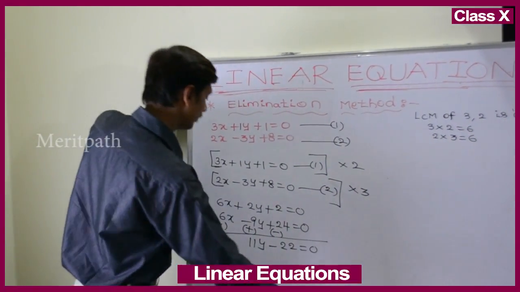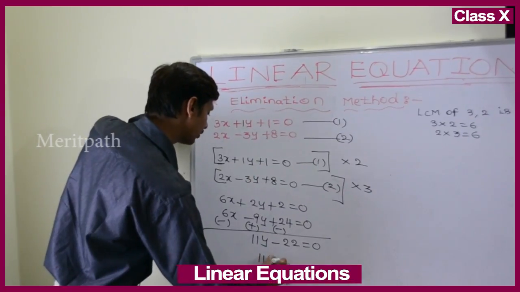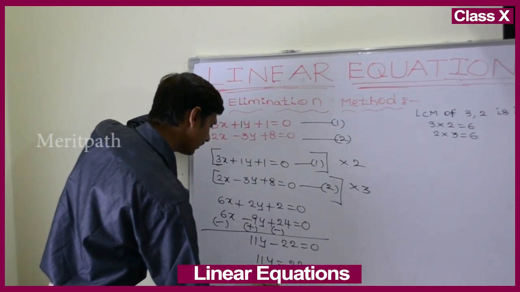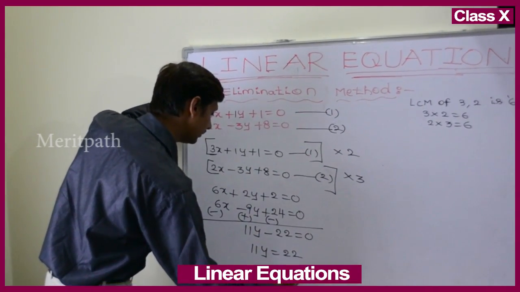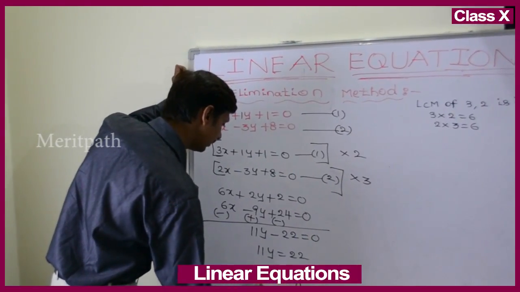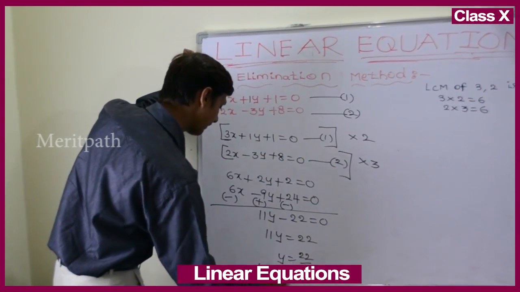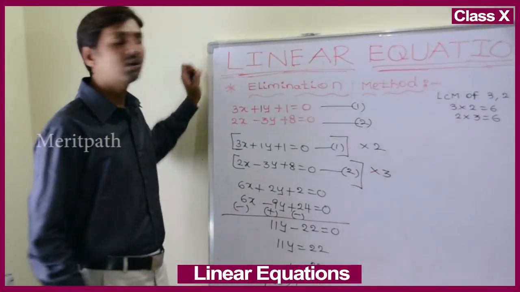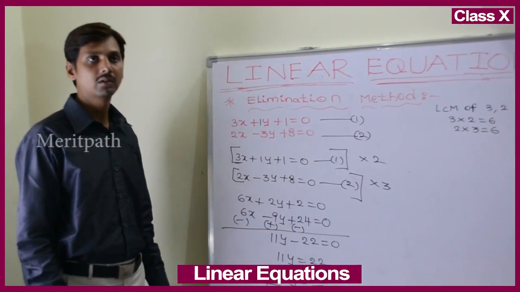Let us find out this value. 11y = 22. y = 22/11, and y = 2. After cancellation, we got the value of y, that is 2.